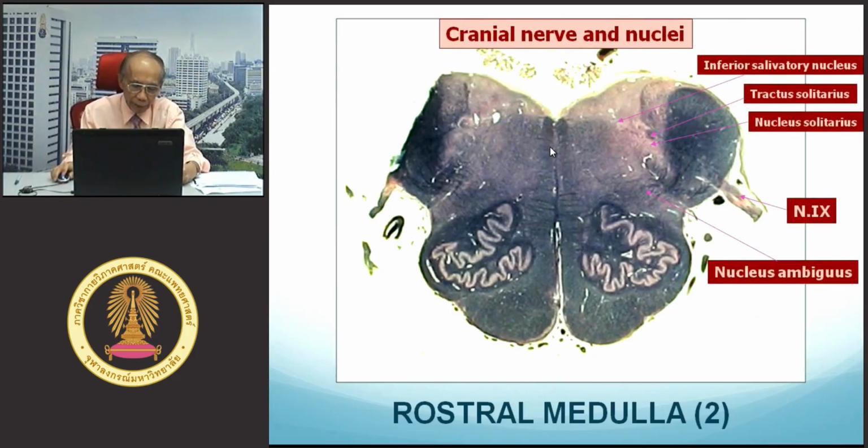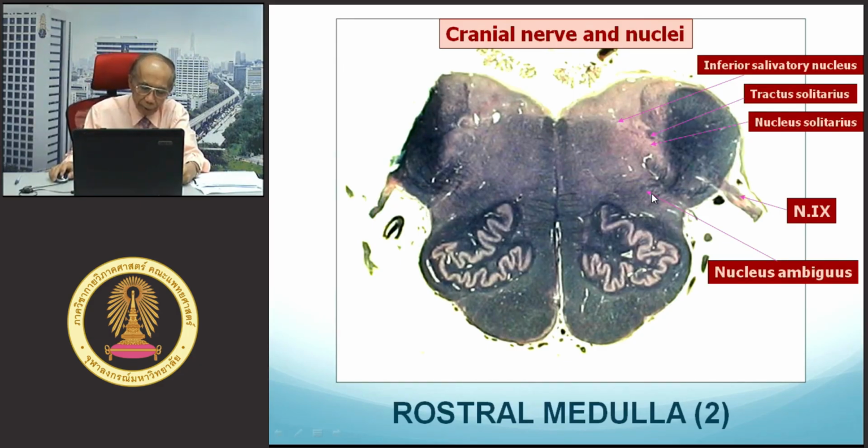The cranial nerve and nuclei include inferior salivatory nucleus, which is parasympathetic nerve of glossopharyngeal nerve, the tractus solitarius and its nucleus, gustatory function, glossopharyngeal nerve and nucleus ambiguus.